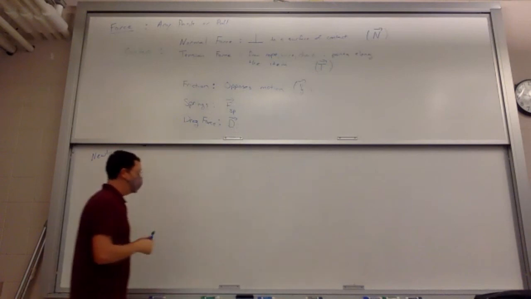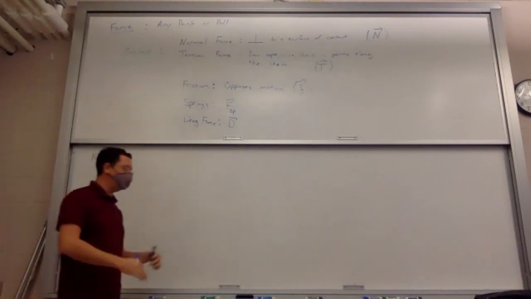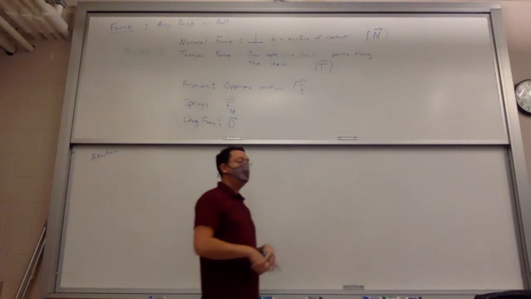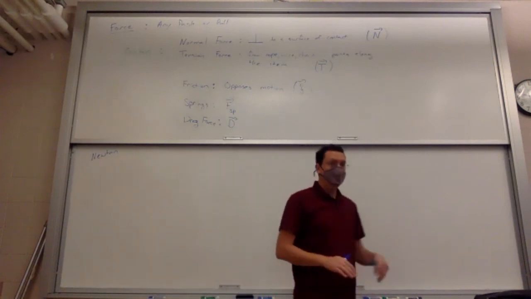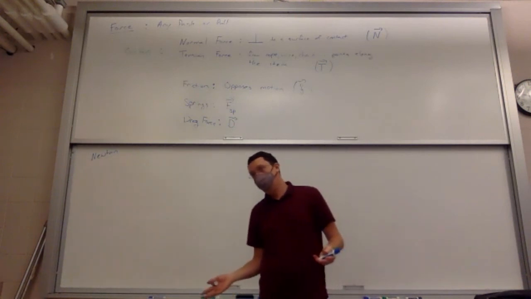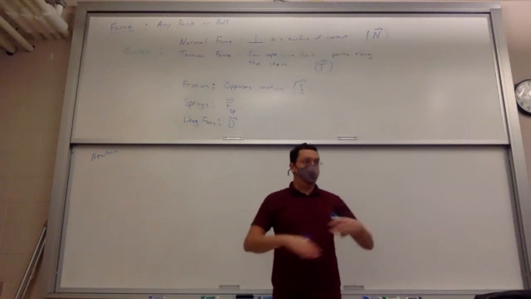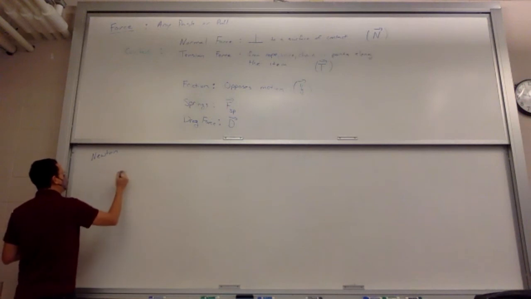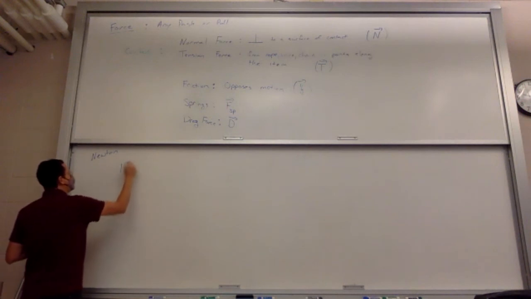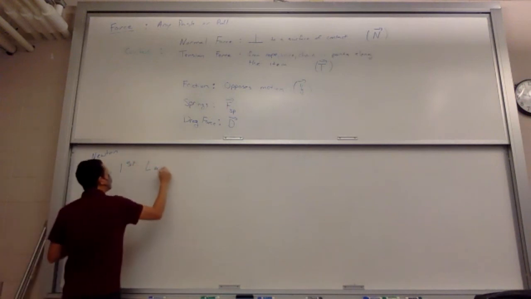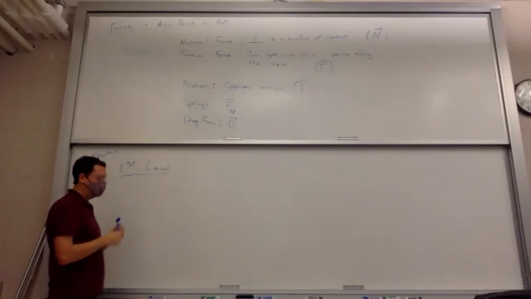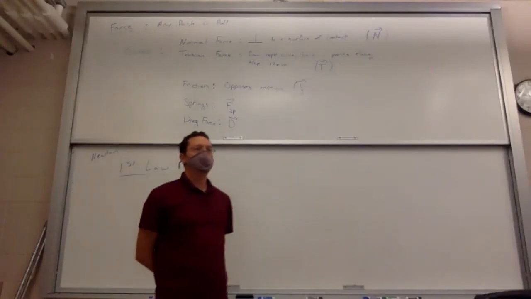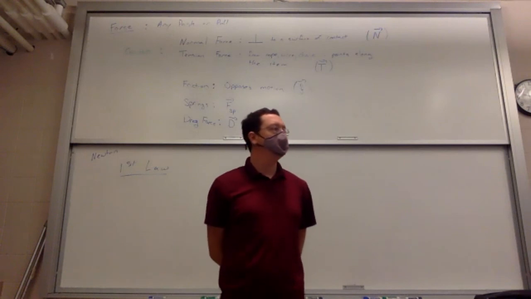But the three laws of motion apply to any force in any situation and any object. So they're very universal. So that's what we talk about. Why we highlight them. So we have the first law. What does the first law say? Anyone know?